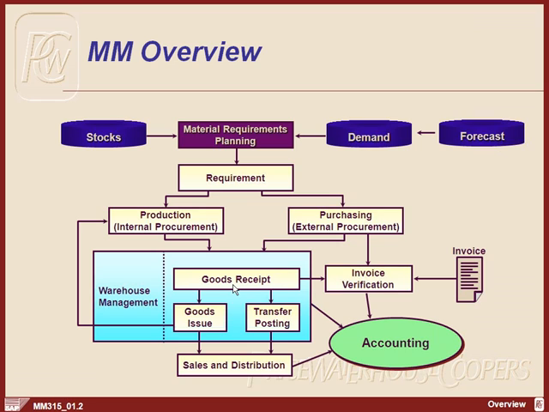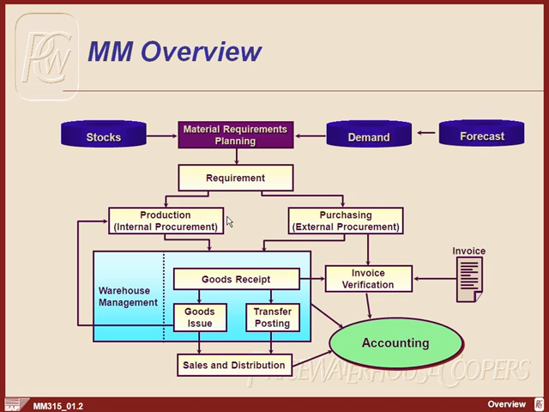In case the procurement type indicator maintained for the material is either E, in-house production, or X, both in-house and external procurement, then when you run MRP for that material, it is going to create something called a planned order.